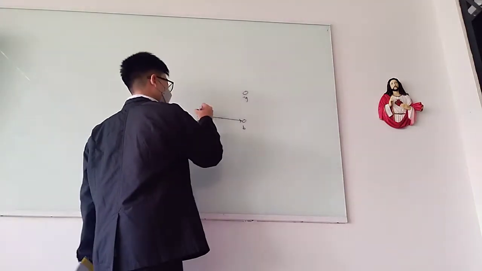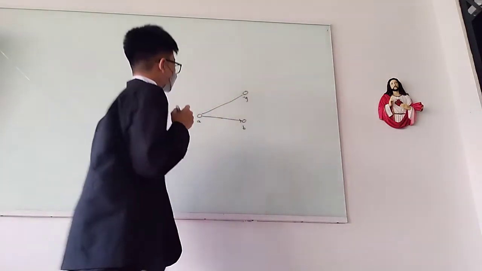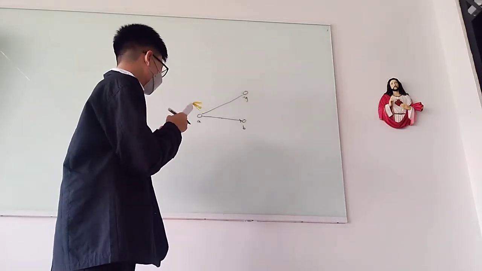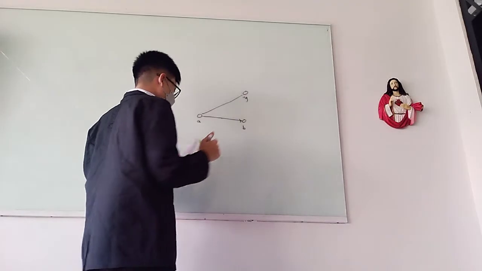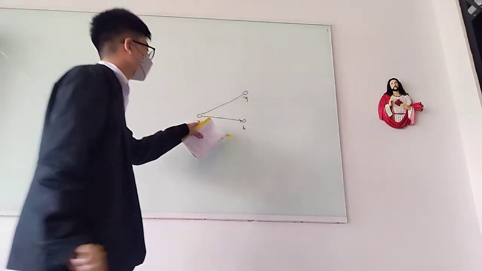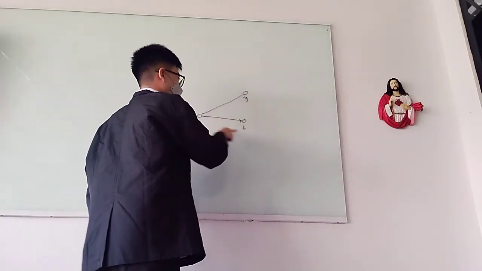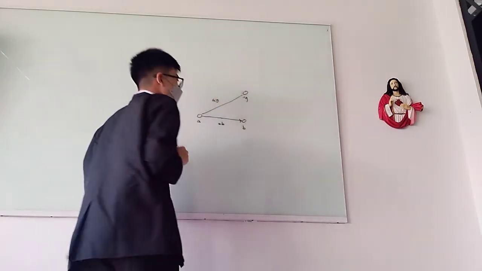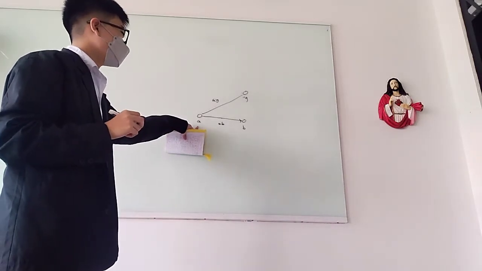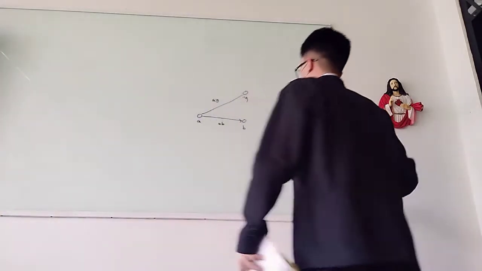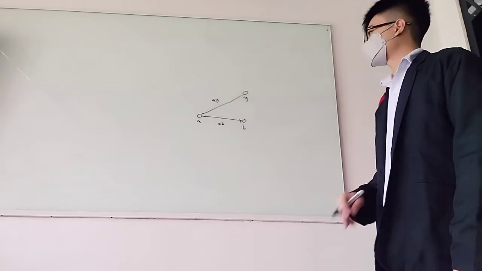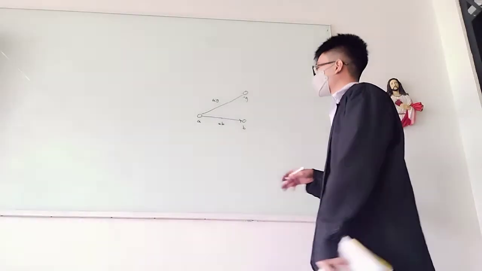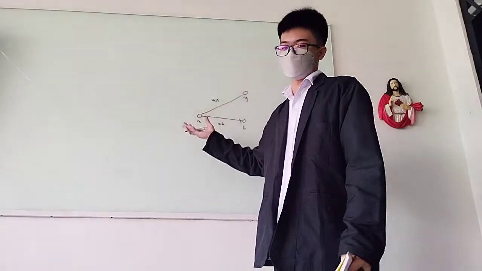And now I connect A and Y. Now we say that the vertex A is adjacent to Y and B because there is an edge connecting A to Y and A to B. We have AY and AB. So we're saying now that A is adjacent to Y and B. I know it's a notion meant for edges or for the lengths of a triangle, but this is just terminology used here. We need to get familiar with it.